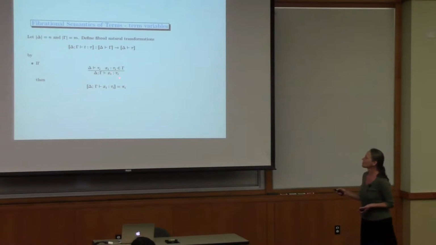Okay, so suppose I have a variable, that my term is a term variable. Then that means it must have been in my term context. So what am I going to do to interpret that term variable? Well, it should be some natural transformation that goes from the interpretation of gamma to the interpretation of tau, and all I'm going to do is just project out the right piece.